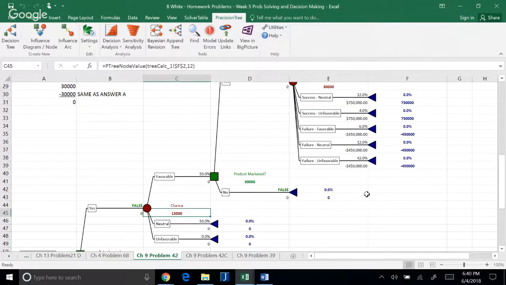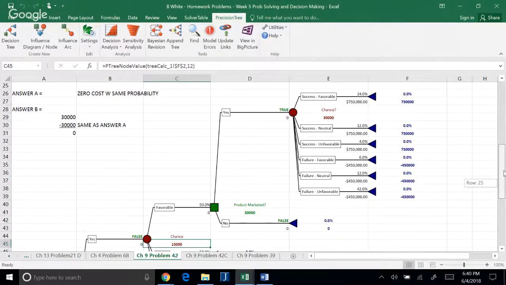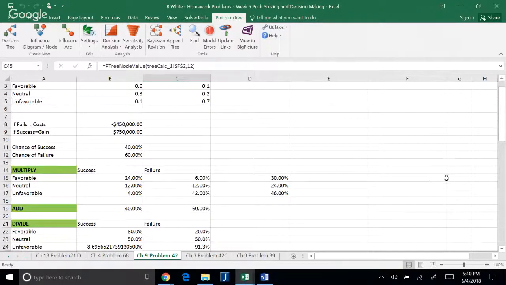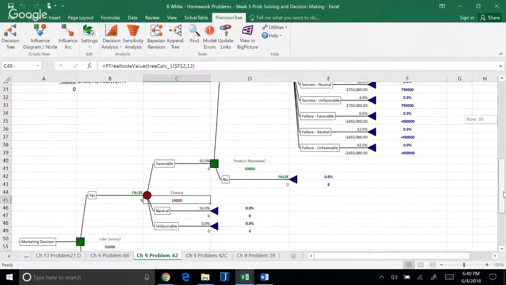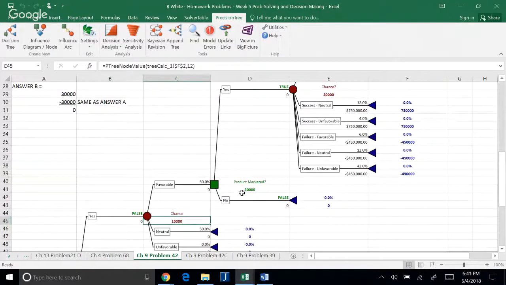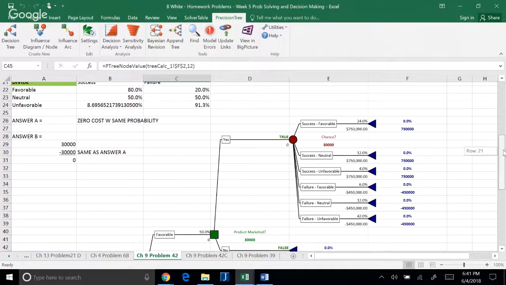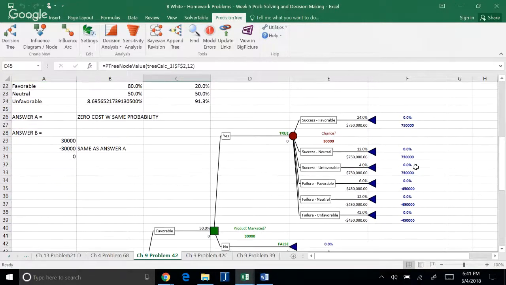Now, you would want to put in these percentages from Bayes up here. Okay, so this is where you would use the 30, 24, and 46%. Then for each of these decisions, now you're going to have a yes or no for product marketed. And then you're going to have success or failure. So you'd only have 2 nodes on this chance. And then you would have very different, yeah, so you've got 750 for your success, and I think that's correct. And you lose 450,000 with the failure.